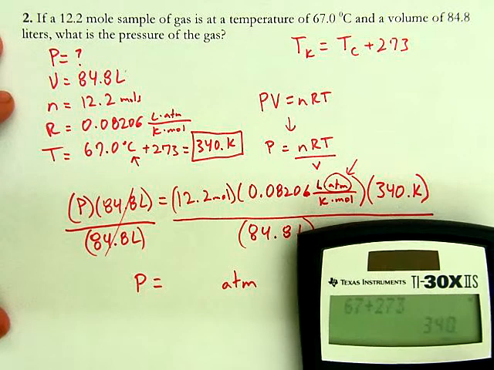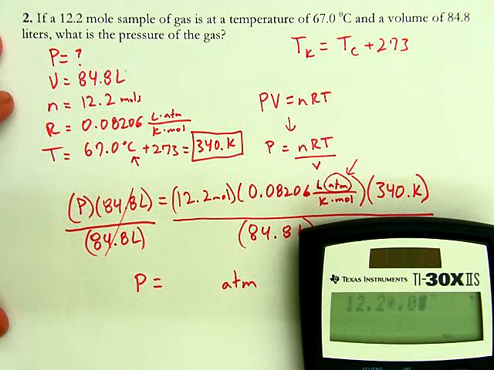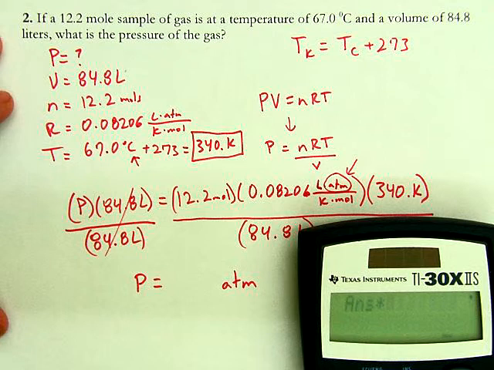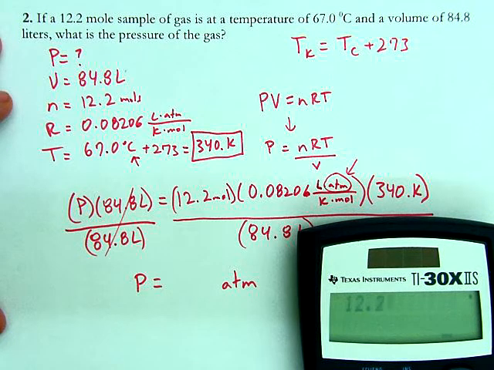So in here, I'm going to type this stuff in. It's 12.2 moles times 0.08206 times 340. This is the number that you get when you multiply those all. 12.2 times the universal gas constant is very close to 1. Yeah, exactly, it's very close to 1.